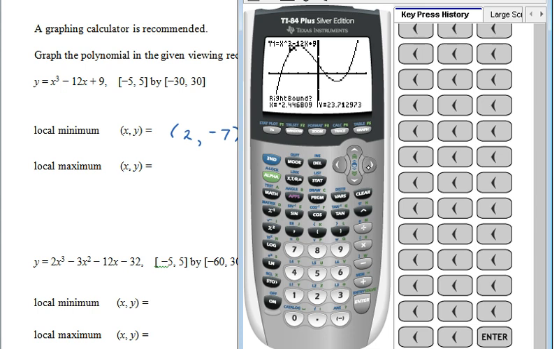Then I'll move to the right of the local maximum, press enter again, press enter a third time to have the calculator compute that the local maximum is 25 and it occurs when x equals negative 2.